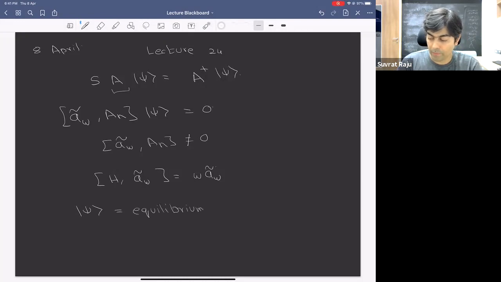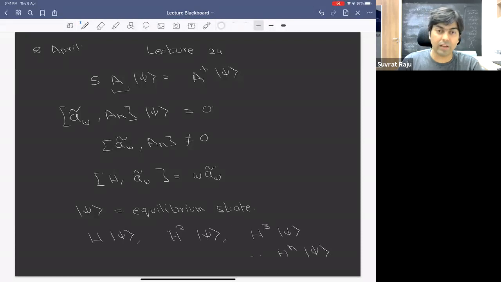And on the equilibrium state, we can now consider additional states that are obtained by taking this Hamiltonian and acting on the state psi. So we can consider the state H psi, H squared psi, H cubed psi, and so on. In general, these states are all independent from the original state psi.